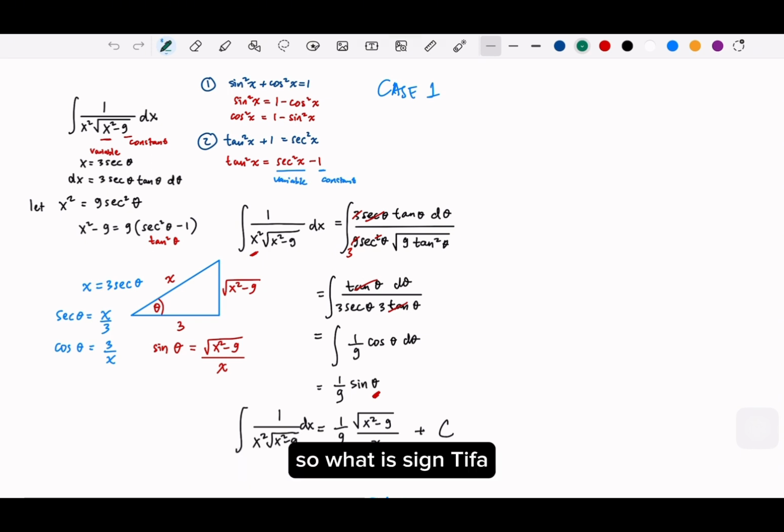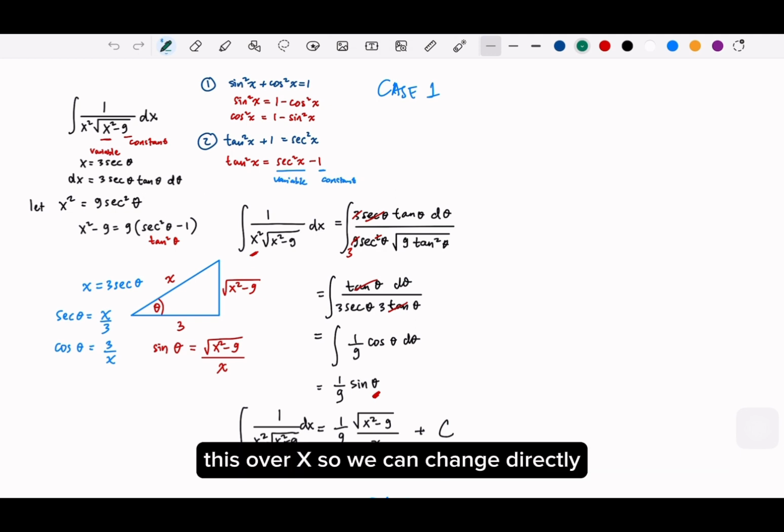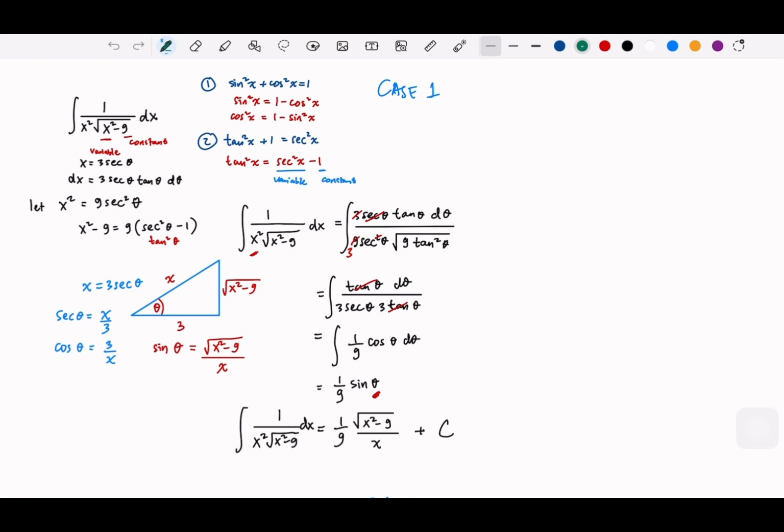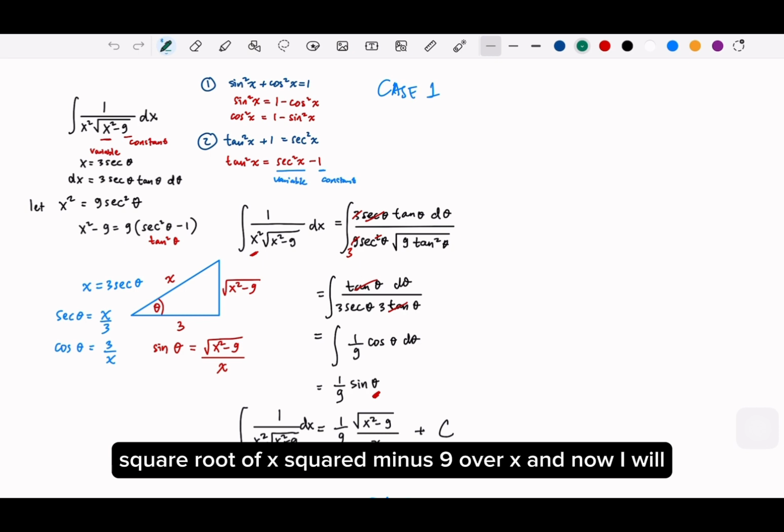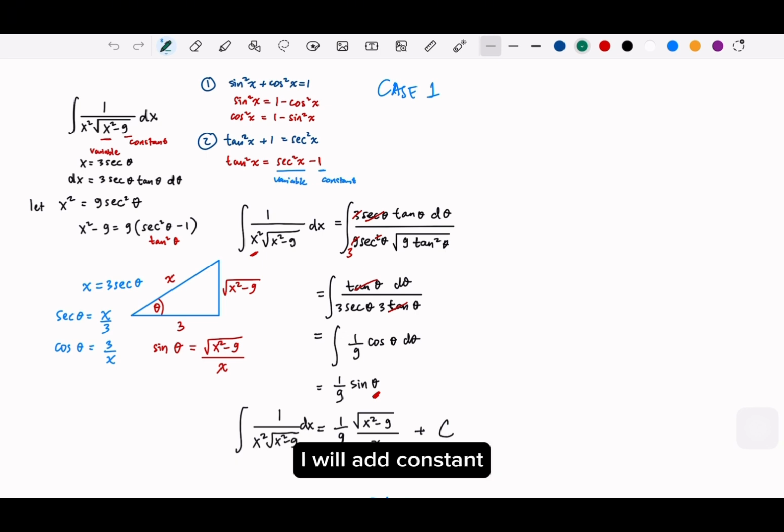So what will be sine theta? This over x, right? So we can change directly. This will be 1 over 9 times square root of x squared minus 9 over x. And now I will add the constant.